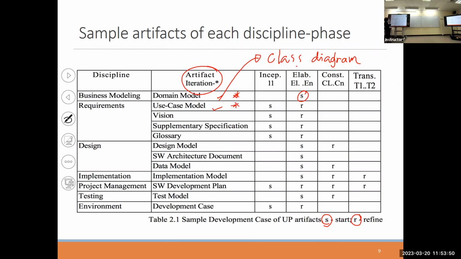Use case we already did. Some of the design, some of the test model development. Most of these major artifacts, we will discuss them, so that you are aware of those artifacts and able to choose and use them properly.